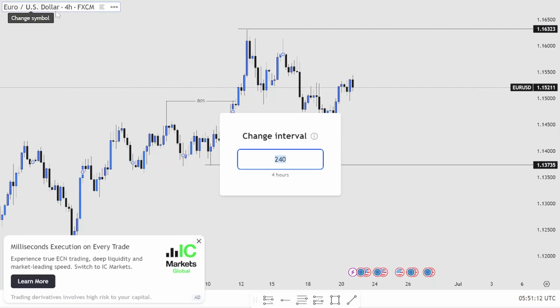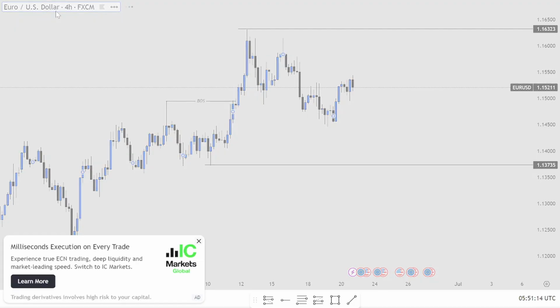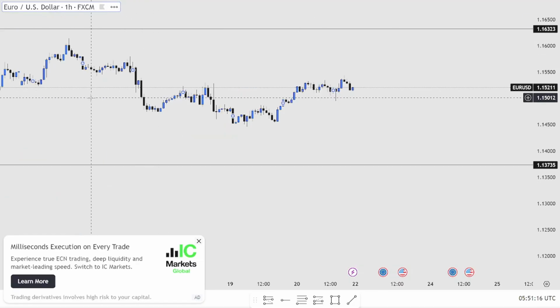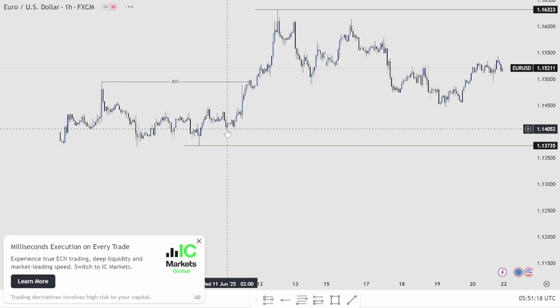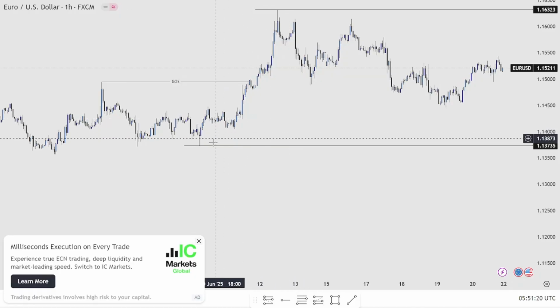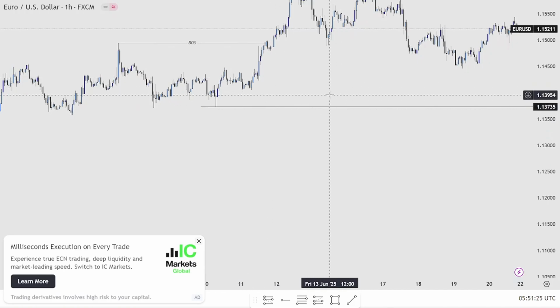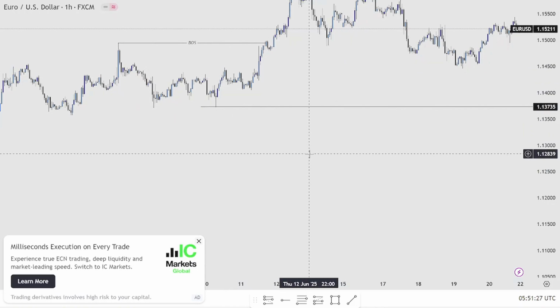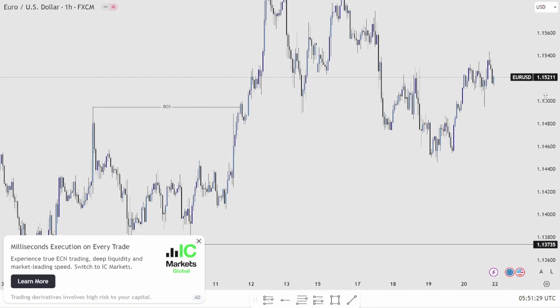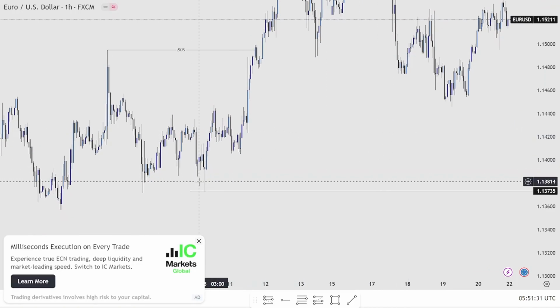And we also go to the 1 hour time frame. On the 1 hour time frame, we want to see the base drop. Here we can see there was a liquidity sweep before the market went up.